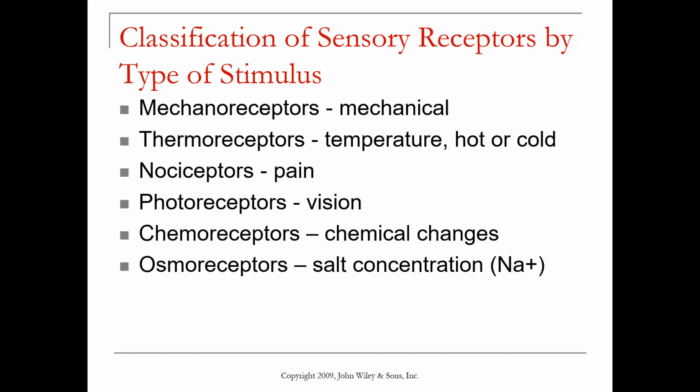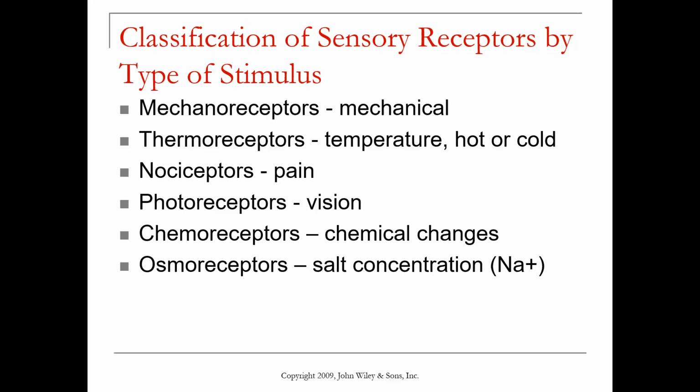Now, what kind of stimulus do the general and special senses respond to? Well, the first thing we detect are mechanical stimulus. We have what are known as mechanoreceptors that respond to mechanical changes. Pressure on our skin. Perhaps you shut a door on your finger, or you're shutting a drawer and you pinch your finger there, or your bladder is full.